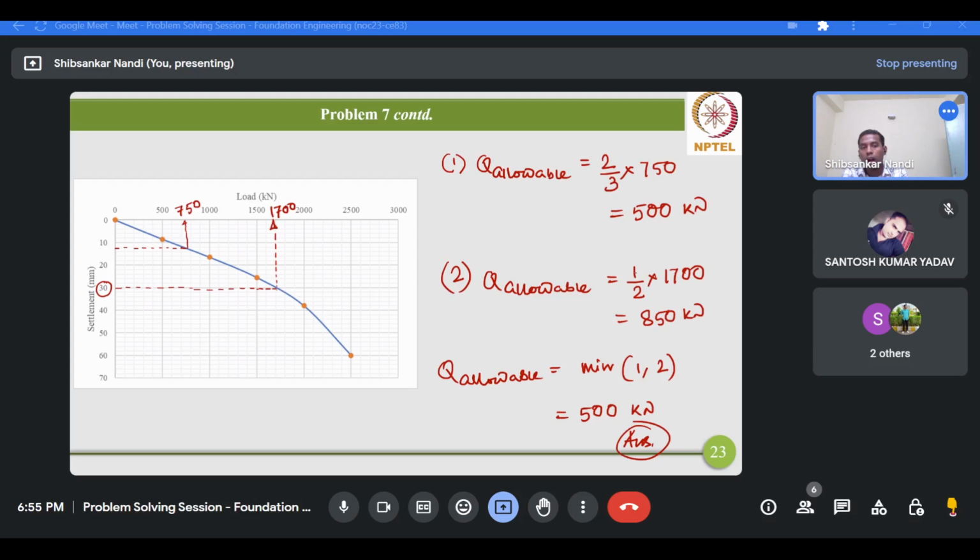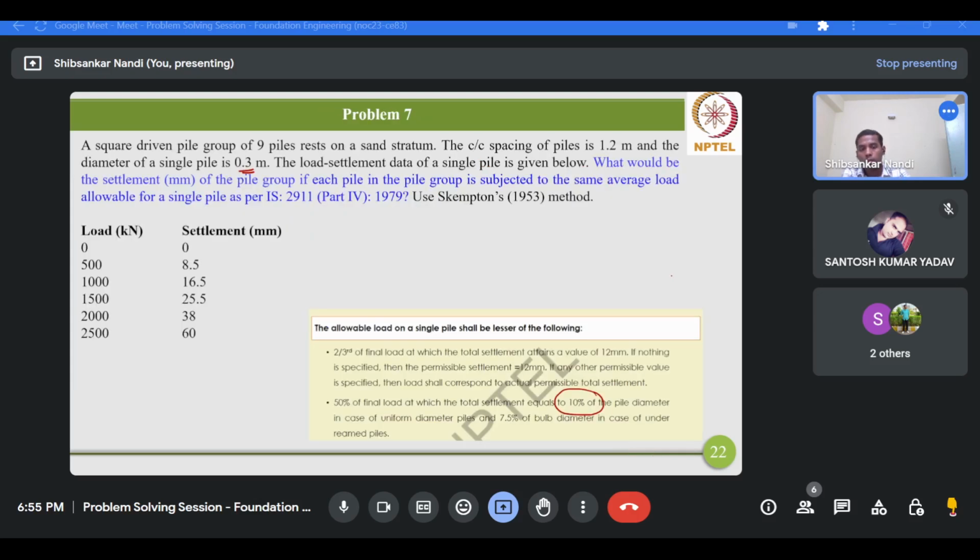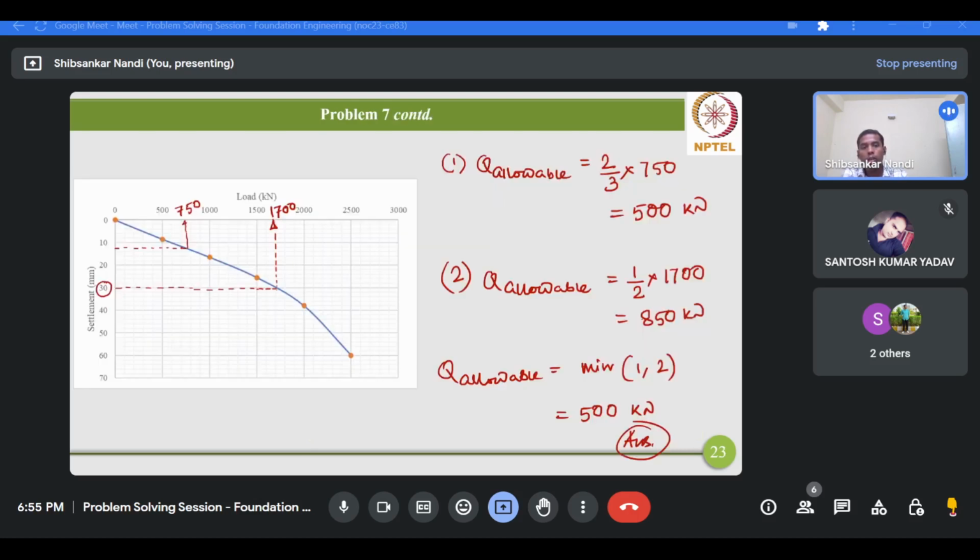So 50% of this final load will give you an allowable load of 850 kilonewton. Now the minimum or lesser of these two values will give you the final allowable load for a single pile, which is 500 kilonewton. We already solved this in the previous session.